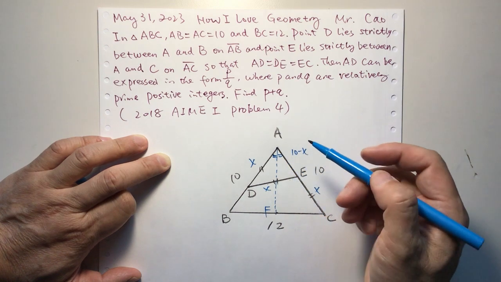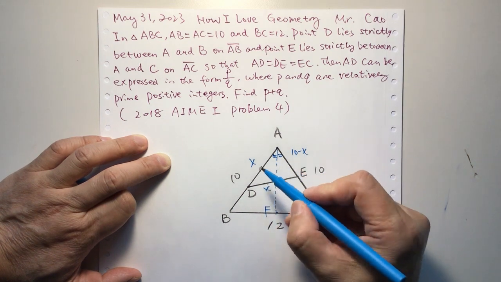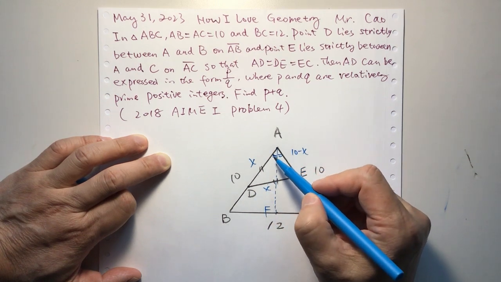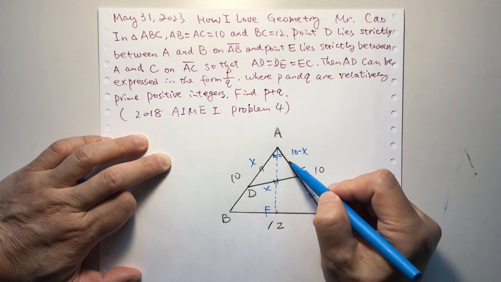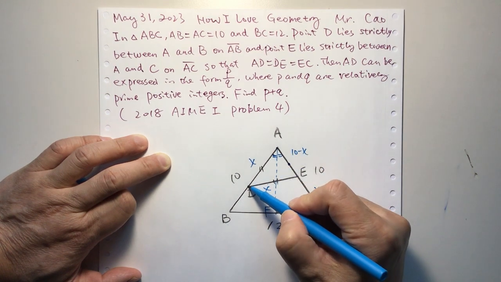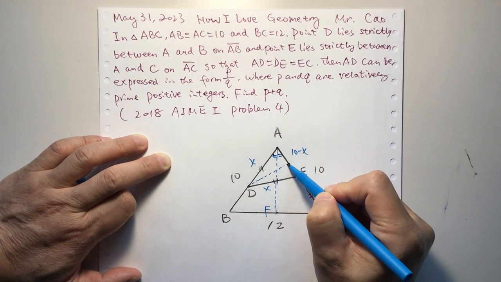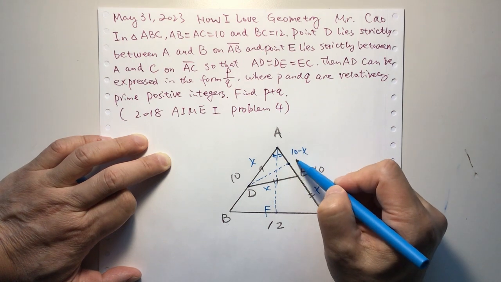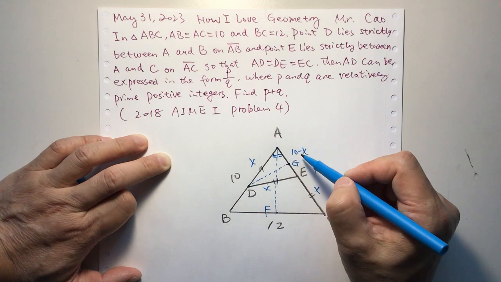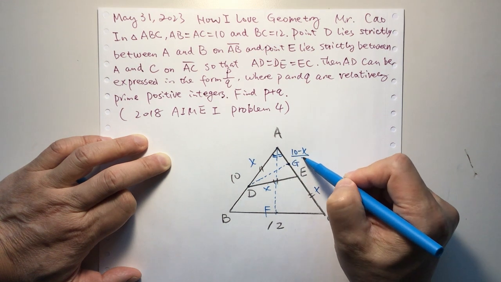Also, because triangle ADE is an isosceles triangle, I want to use the perpendicular bisector here. So in this part, AG will be 10 minus x over 2.